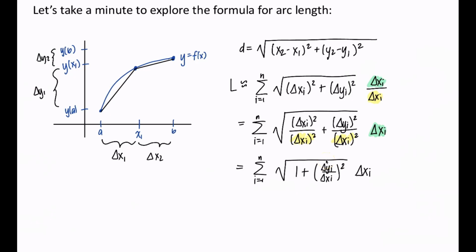Okay, but this is still an approximation. What we want to do is introduce the limit to formalize it into an integral. So if we take the limit as n approaches infinity of this sum of i equals 1 to n of the square root of 1 plus delta y sub i over delta x sub i quantity squared, times delta x sub i, well, now as n approaches infinity, we're going to have an integral.